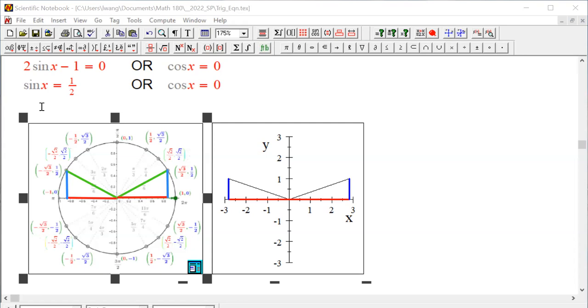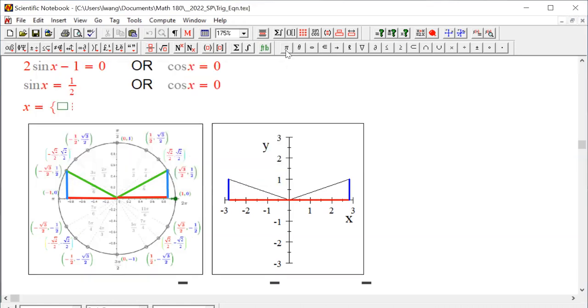And the solutions are, here x would equal, we have two forms.